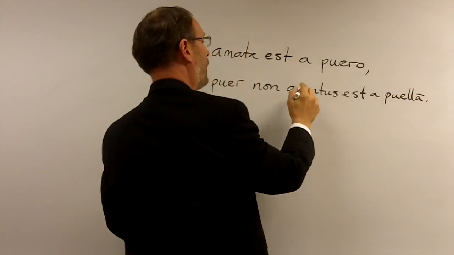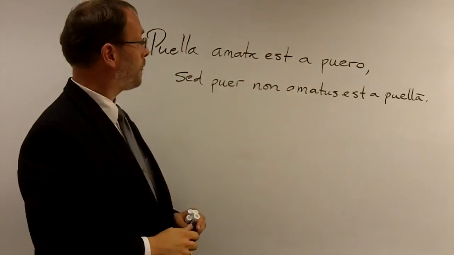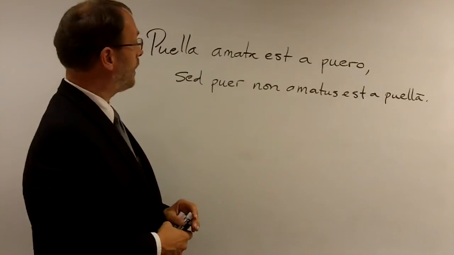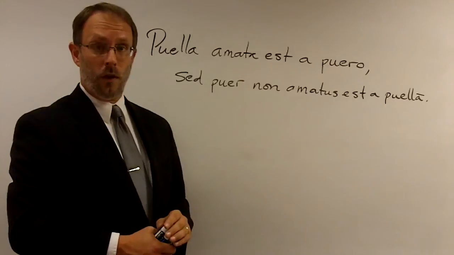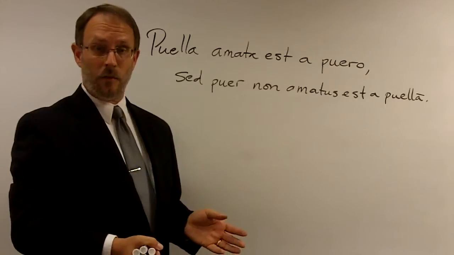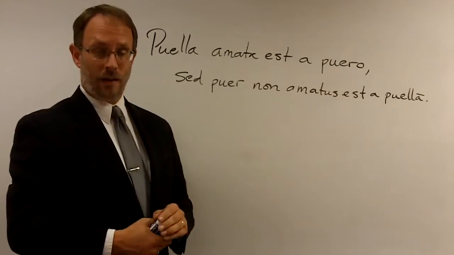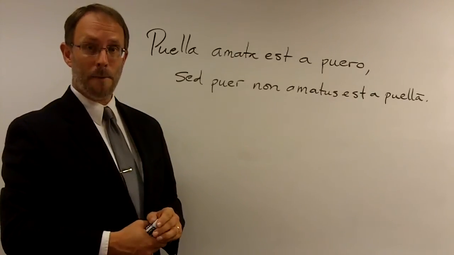Clean that up a little bit there. Copy that sentence, underline each of the two verbs, and identify the person, first, second, or third, number, singular or plural, the tense, we have six now, and the voice, active or passive, of each. Pause the video and do that now.